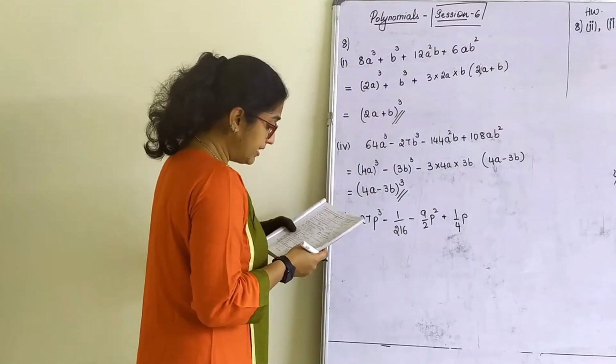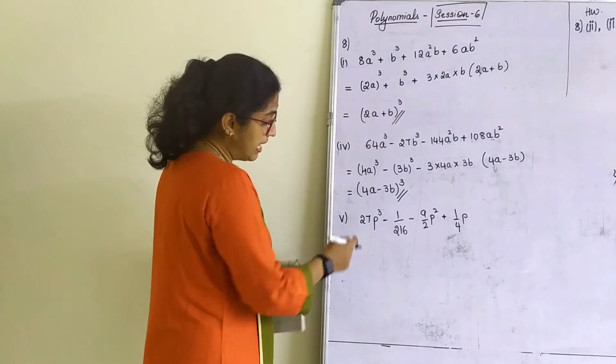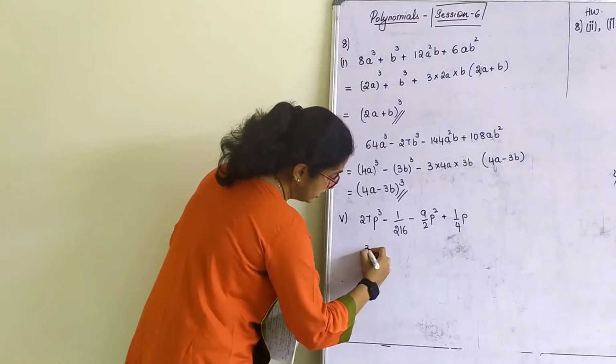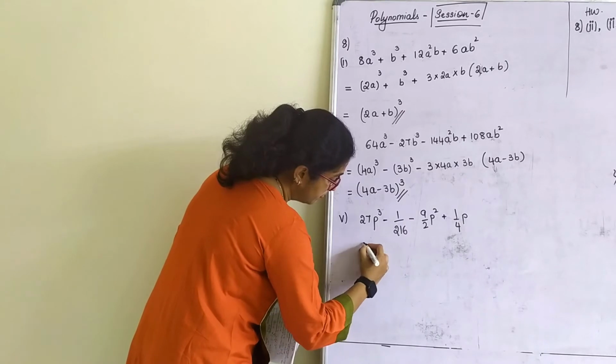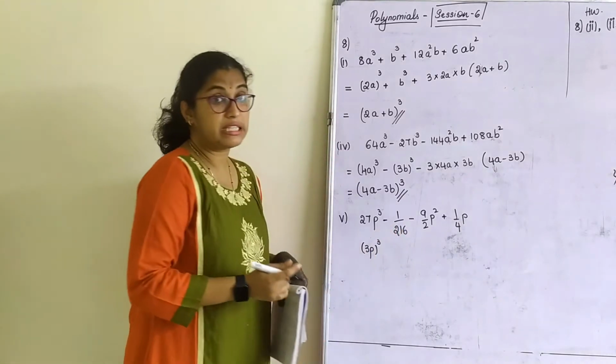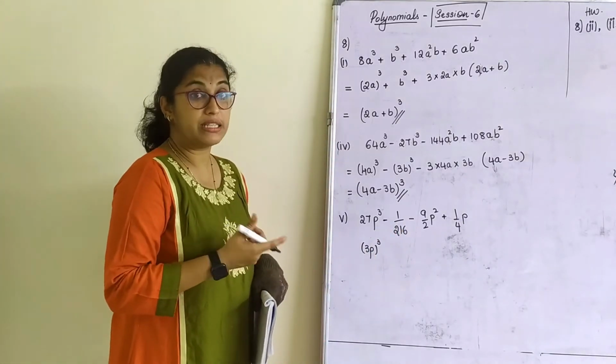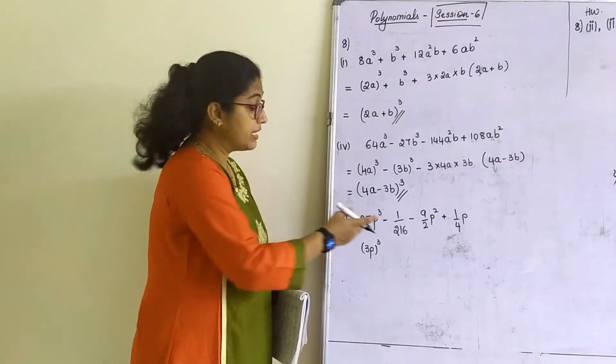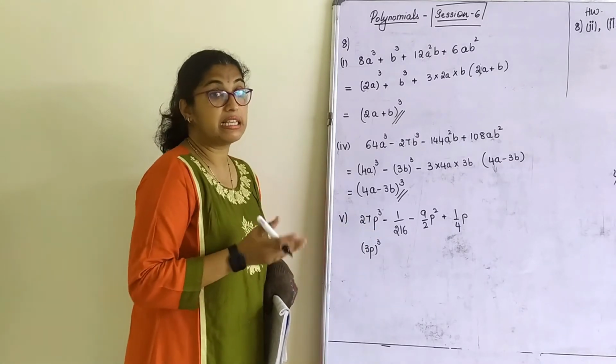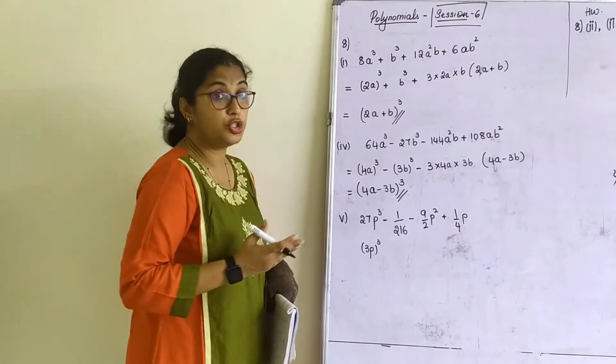27p cube can be written as 3p whole cube. 216 is a cube of 6; 6 sixes are 36, 36 sixes are 216.